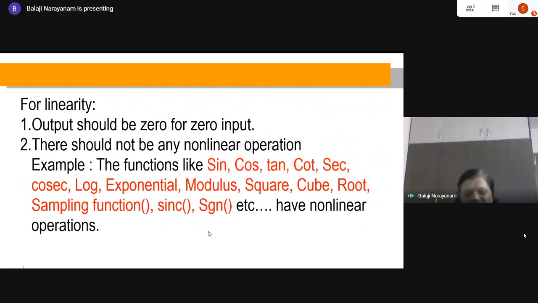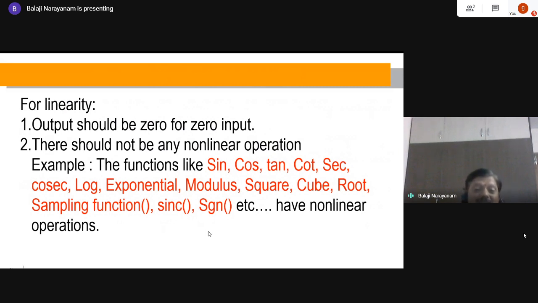If our signal or the system contains functions like all the trigonometric functions, such as sine, cosine, tan, cot, secant, cosecant, or logarithmic functions, exponential functions, modulus, square, cube, root, sampling functions. Just now we discussed sinc functions, signum functions.